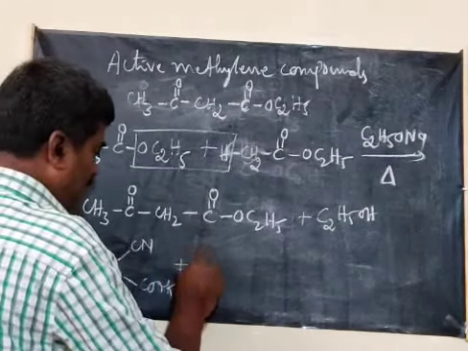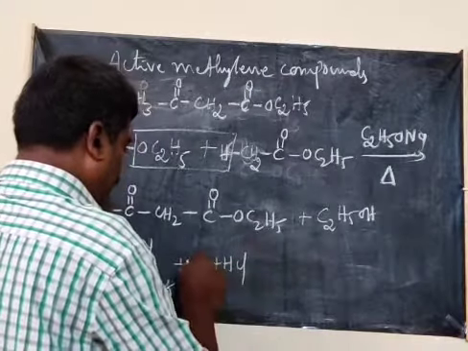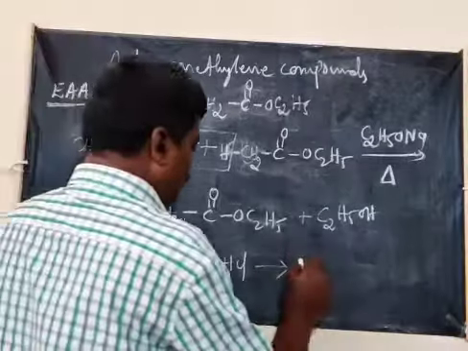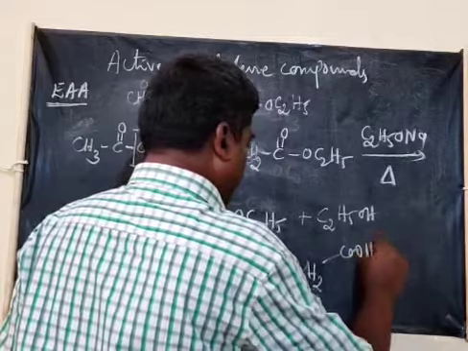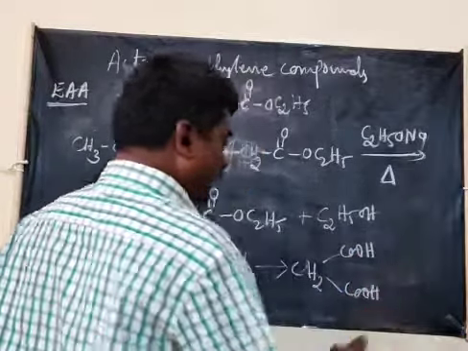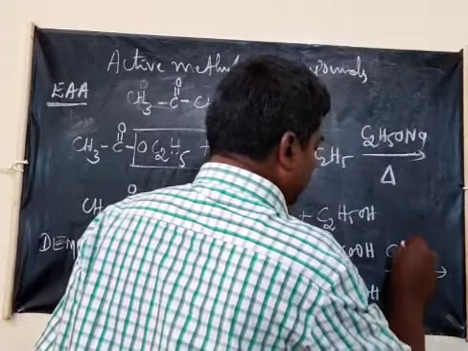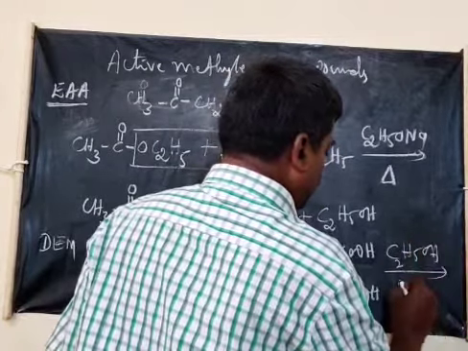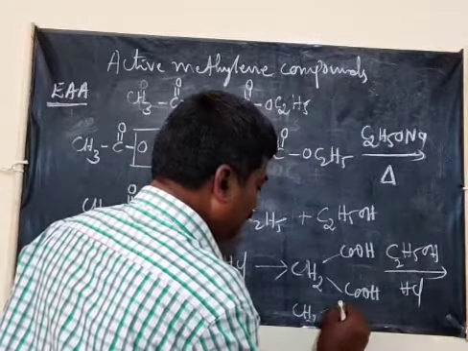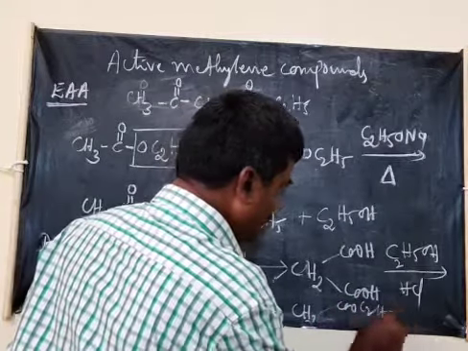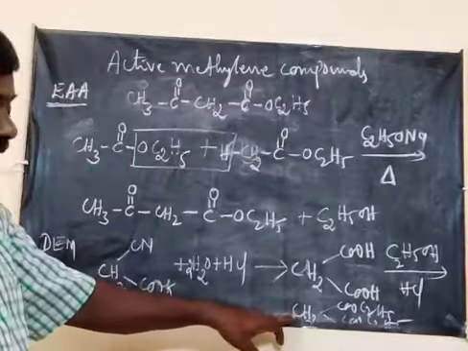On hydrolysis with dilute acid, H2O plus HCl, it forms CH2(COOH)2. On esterification with ethyl alcohol, C2H5OH, in the presence of HCl, it gives CH2(COOC2H5)2. So this is diethyl malonate.